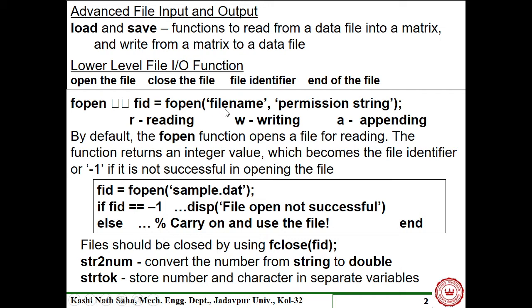And we can selectively write something in FID1 or FID2. That is possible. And if the opening is not successful, the return value would be -1. So this is a particular value which we can check, whether the file opening is successful or not, with this corresponding FID value. So if FID is -1, we will display 'file open not successful', and then we will do something, etc.